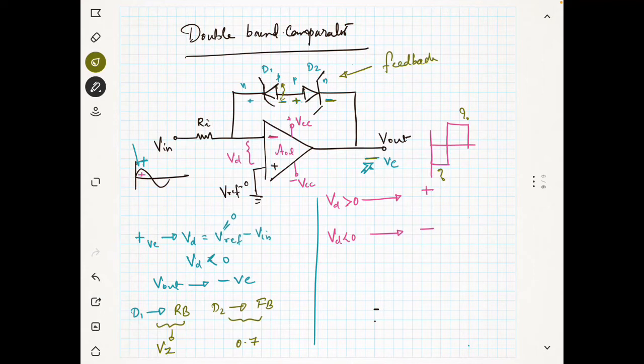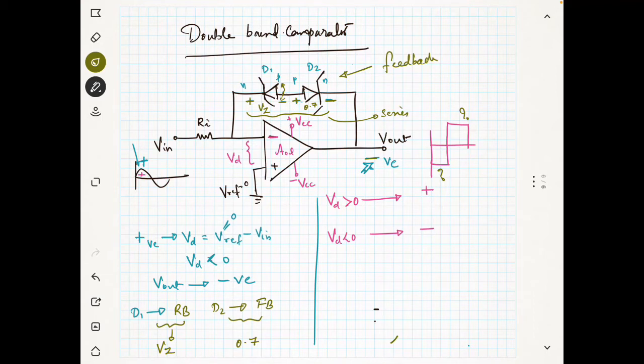So minus plus, right? The diode D2 will have 0.7 like this here, and this voltage is Vz. These two are in series basically. So what is the total voltage?